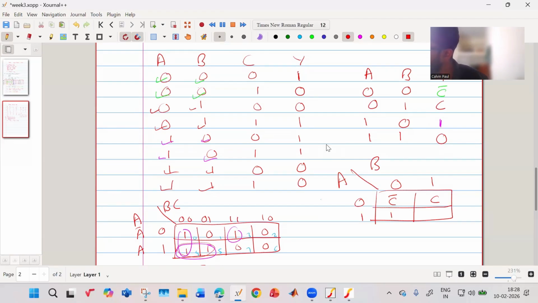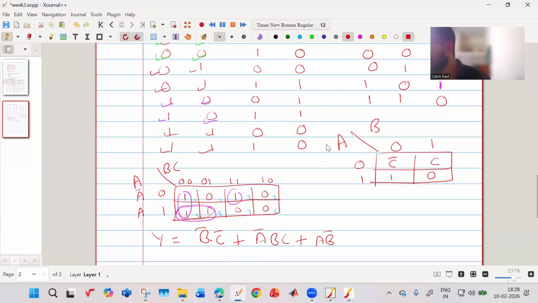And when A is 1 and B is 1, it is 0. Okay. So now how do you find the K map for this?